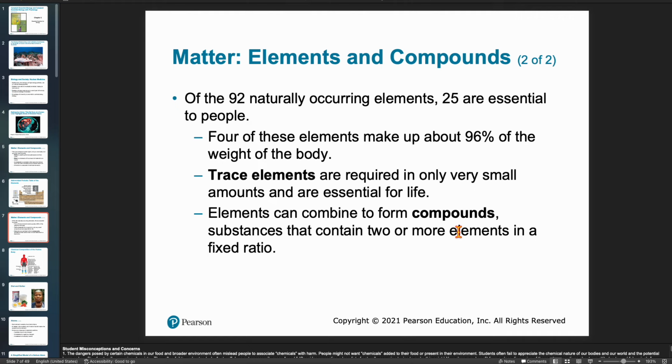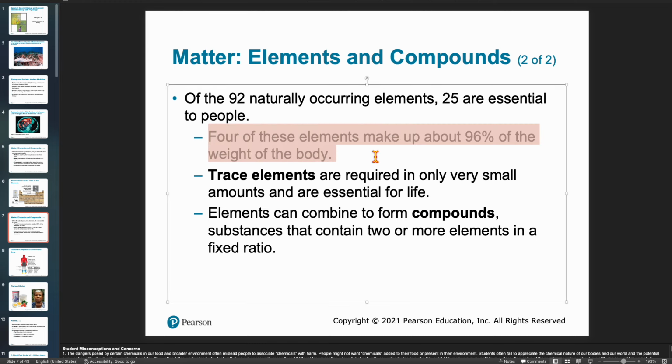Now, not listed here, but you need to know this for the test because people ask it, and that is what are the 4 main elements? And that's this line right here where it says 4 main elements. And what are they? Well, those are called CHON, C-H-O-N. And that stands for carbon, hydrogen, oxygen, and nitrogen.